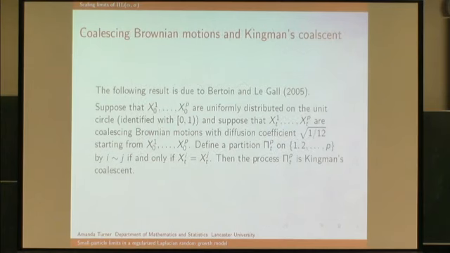And so what the result says is that the partition process that we get at time t is exactly given by Kingman's coalescent. And Kingman's coalescent has been very well studied, and so this allows us to import the results about Kingman's coalescent to try and understand the distribution of common ancestors in our random growth models.